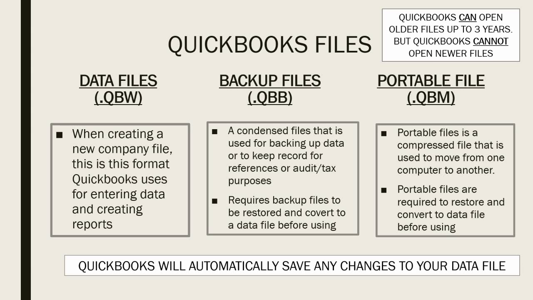But Pro cannot access Premiere or Enterprise because those have more tasks, more functions. It's not easily translatable, okay? So that's the fun fact there, that's what you need to know when you're updating or upgrading your files, okay? And that's how it works, okay? Only up to 3 years.